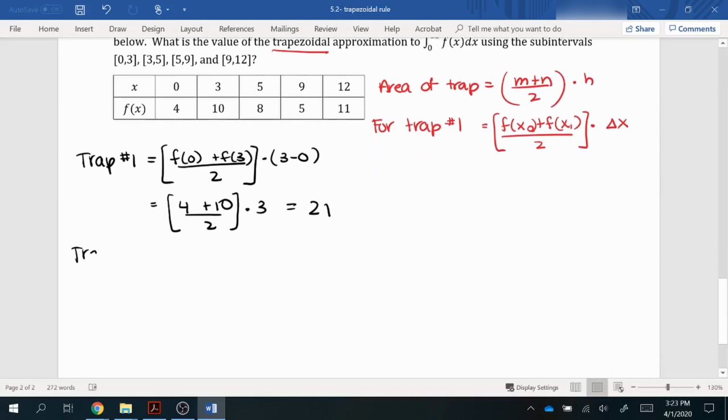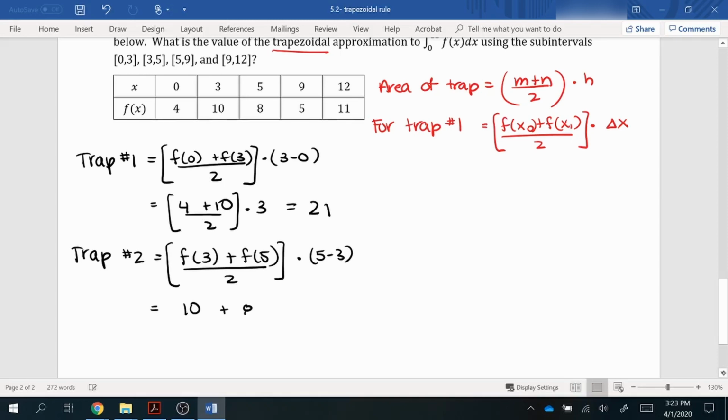Okay. Trapezoid number 2 is going to be f of 3 plus f of 5 over 2 times 5 minus 3, which is going to give us 10 plus 8 over 2 times 2, which gives us 18.